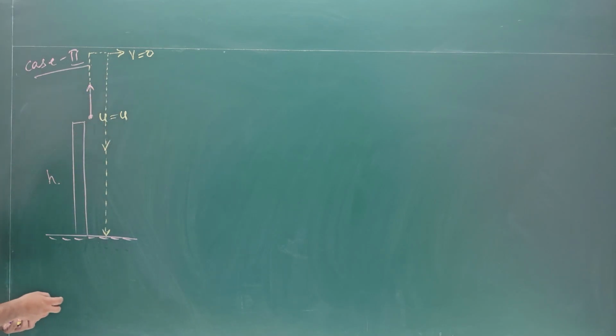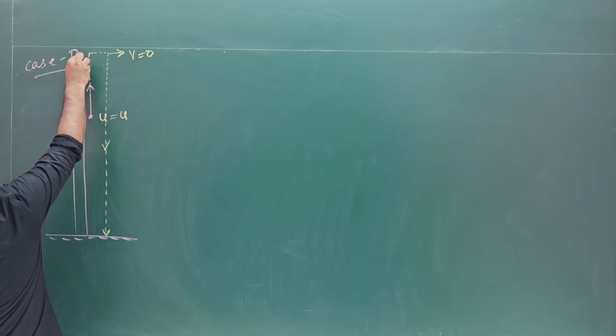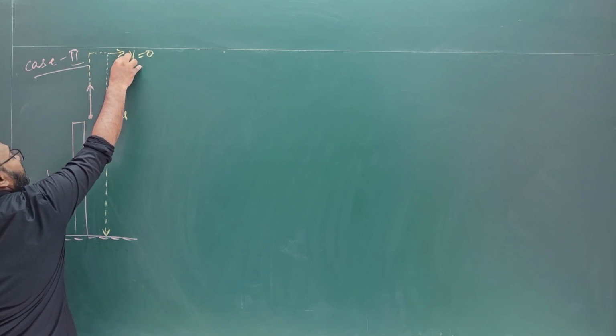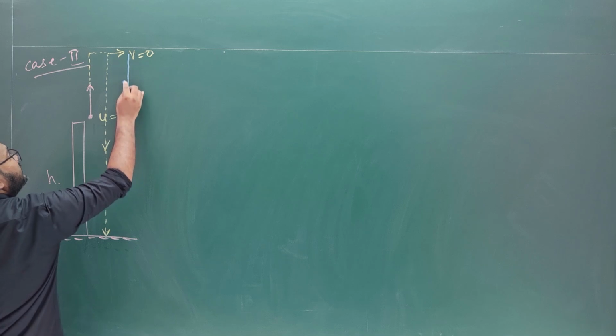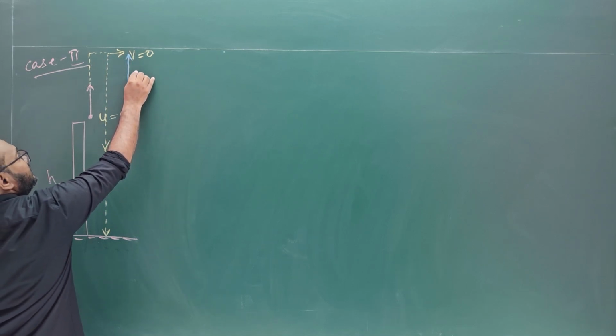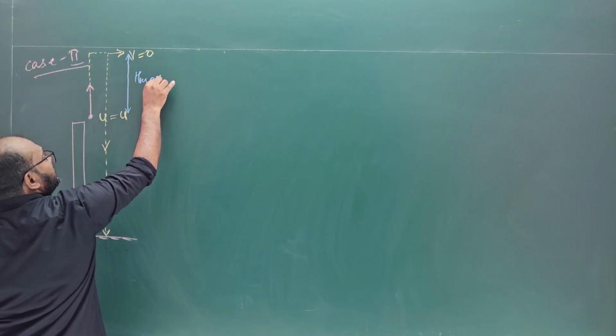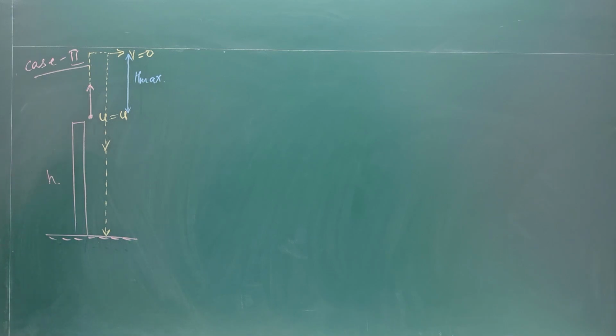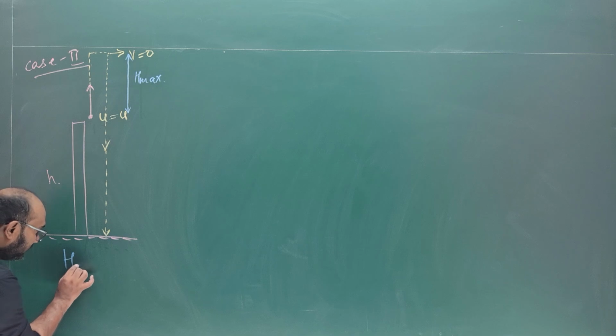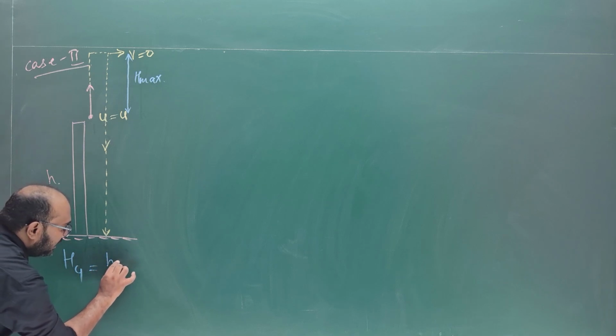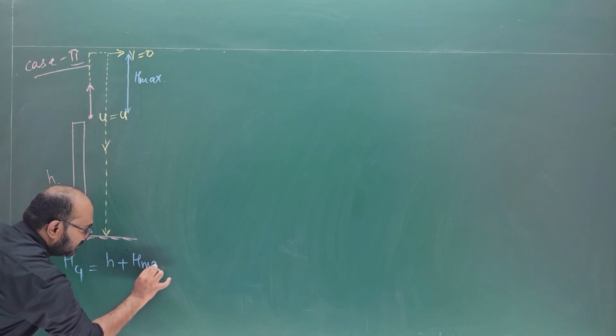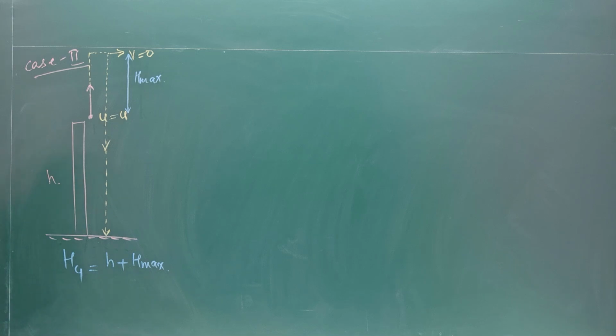Now, can I also say that from here to here, this portion, is your h max? What is the total height from the ground? Height above the ground, can I say h plus h max? Can I say that?